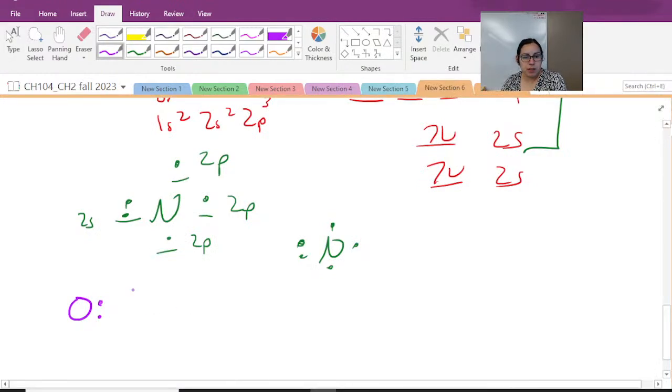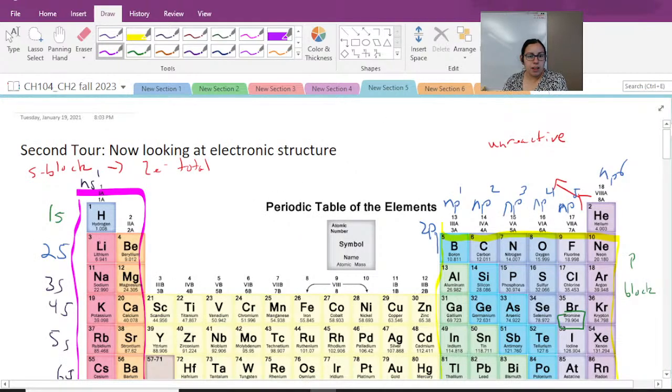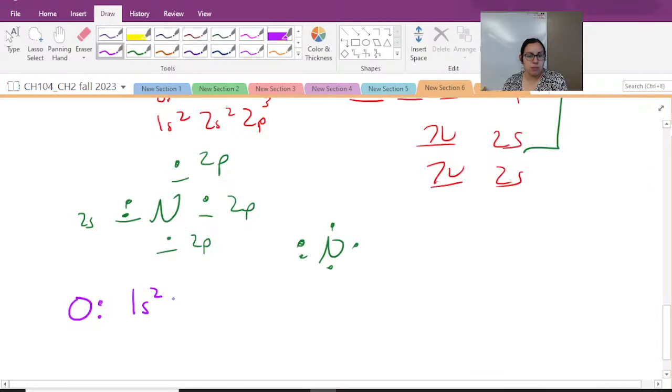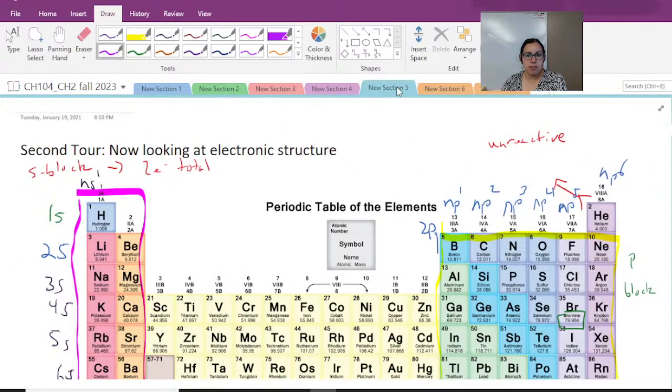So 1s, but then how many can fit in the s orbital? 2. So 1s2. And again, we just follow along in order. So what comes next? 2s2, perfect. So we're just going along, filling all our elements in until we get to oxygen. And then what's the last part? So 2p4.